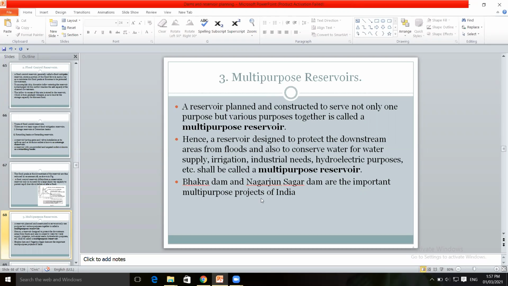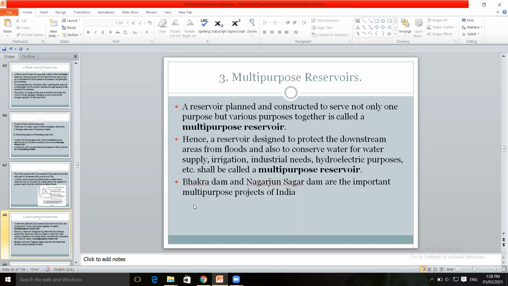In India these are the two major multi-purpose projects which are completed: Bhakra Nangal Dam, in the state of Himachal Pradesh, and Nagarjun Sagar Dam, which is located in Andhra Pradesh.